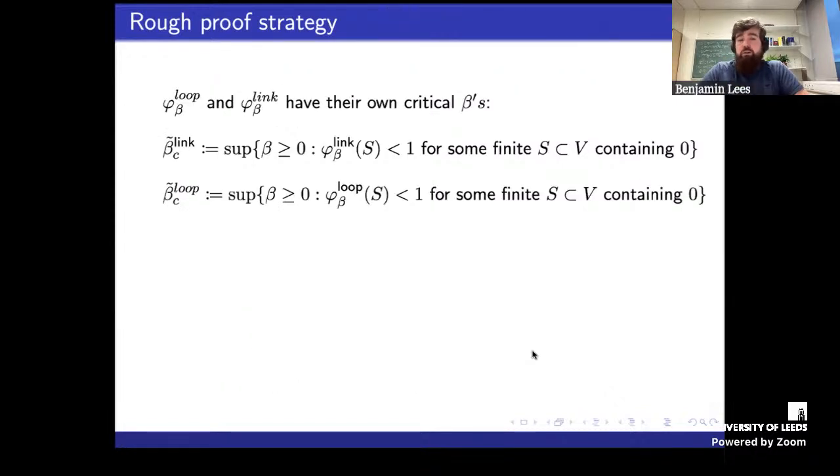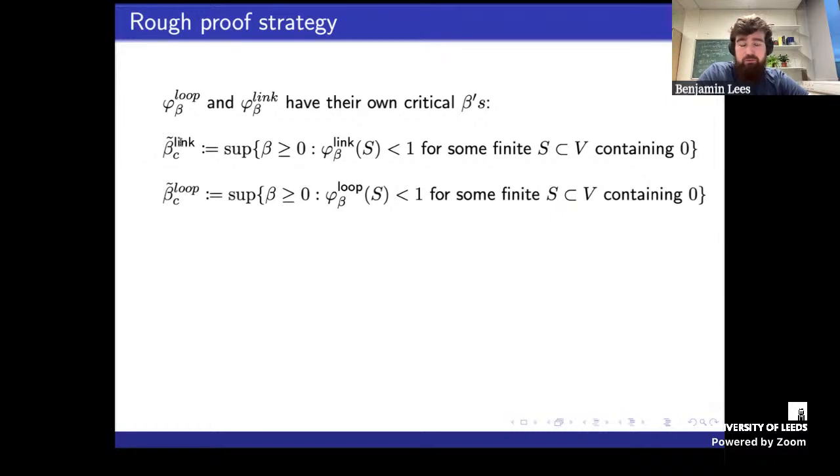So these guys have their own corresponding critical betas. So Duminil-Copin and Tassion defined something similar for percolation. There they only had one type of phi. But it was a corresponding or analogous definition, just without the conditioning, and they have their own critical beta. So this is completely analogous to this.